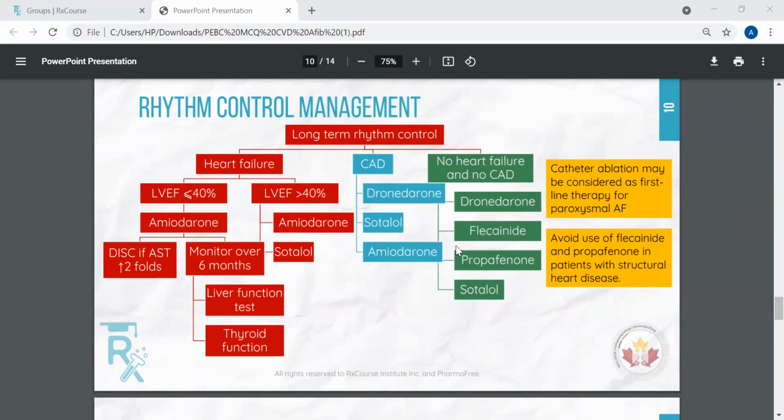And we discussed that, through the paroxysmal, what we will do, through the persistent, what we will do. Okay, now we talk about rate control and rhythm control. Still the most important part: I need to prevent blood clotting. So I have to give the patient something to prevent that.